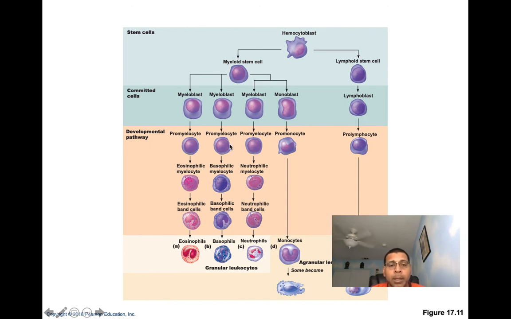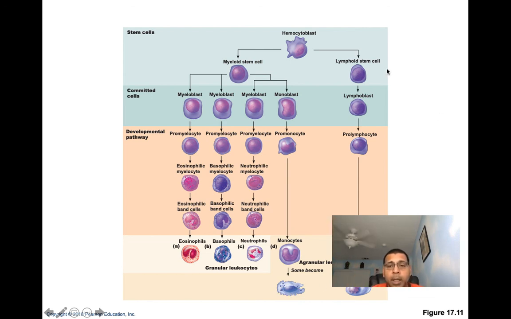You can see promyelocytes will go on to become eosinophilic myelocytes, basophilic myelocytes, and neutrophilic myelocytes, which then continue to become band cells, and then become their mature granular leukocytes. Promonocytes become monocytes, and some will go on to give rise to macrophages.